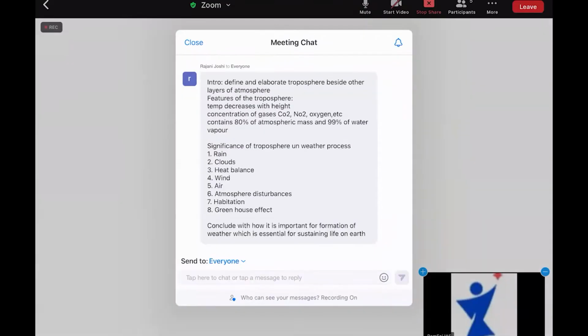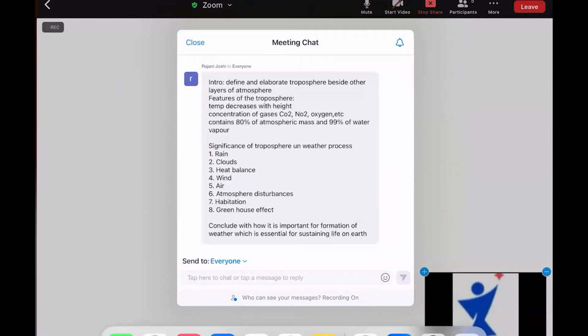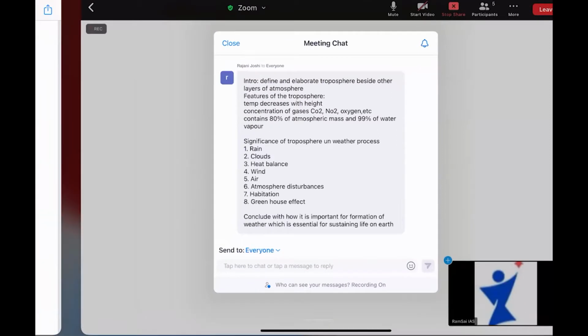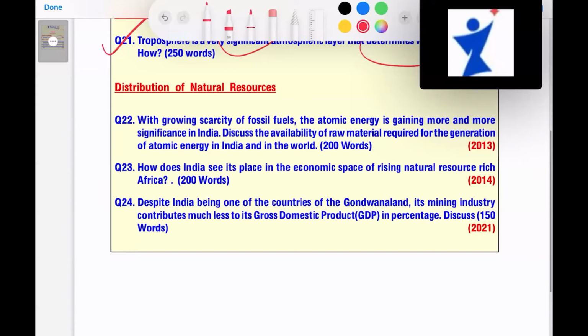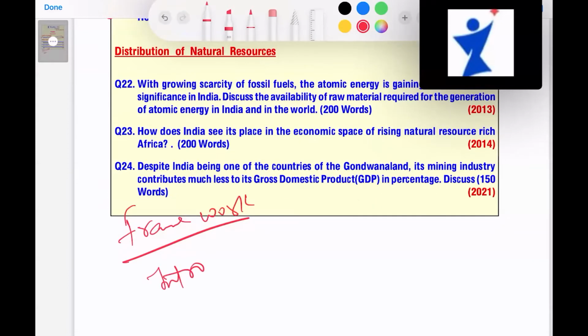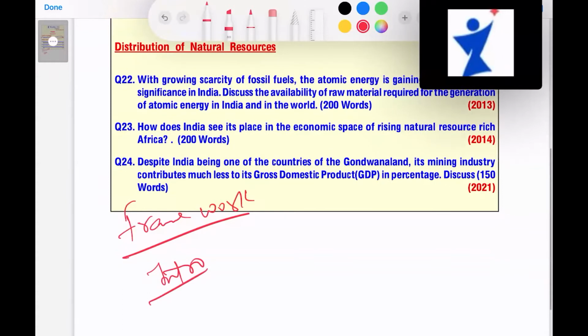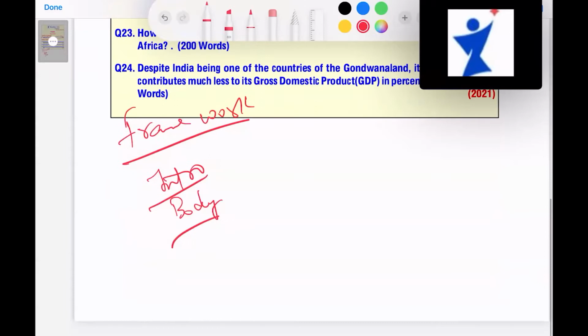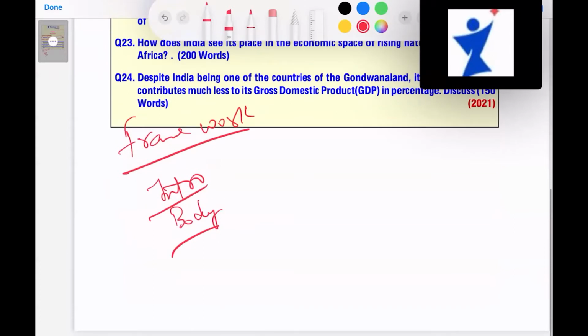Yeah, Rajni, very good point. So basically the framework for this answer would be: you introduce, and in the body you write some of the important features of troposphere. Why? Because it's a 250 word answer. If it's a 150 word answer, the features are not required, but they are required for 250.